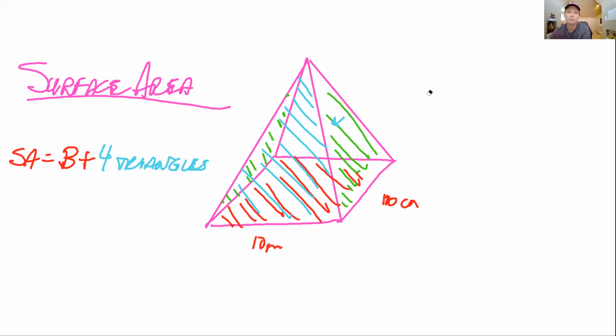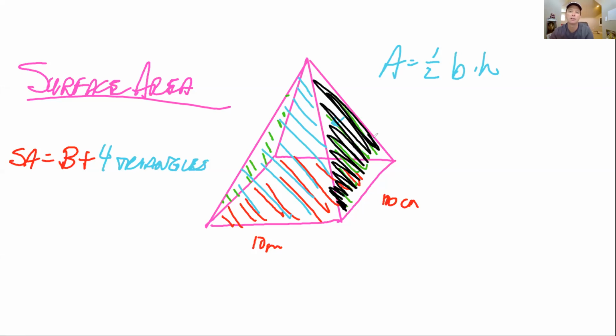All right, so let's talk about the area of a triangle. Area of a triangle is 1/2 base times height, right? So if I were to look at just this triangle right here, this side triangle, I hope you will agree that the base of this triangle is this, which I'm going to call S, the side of my square.